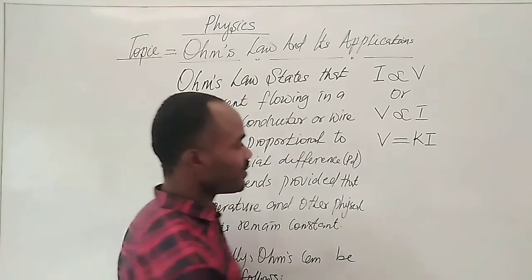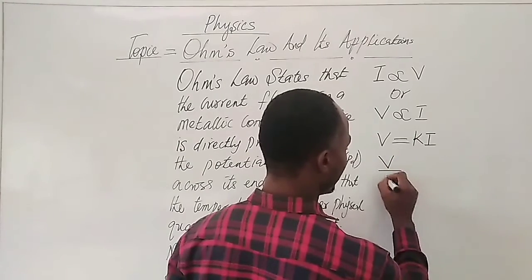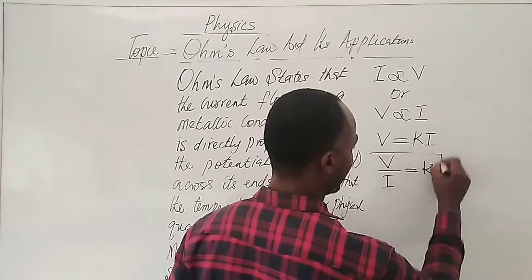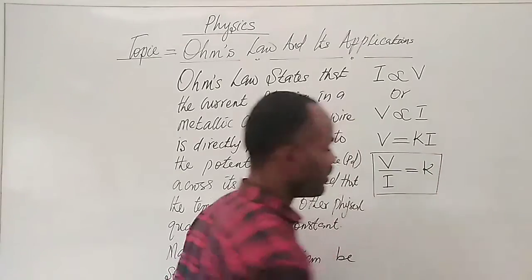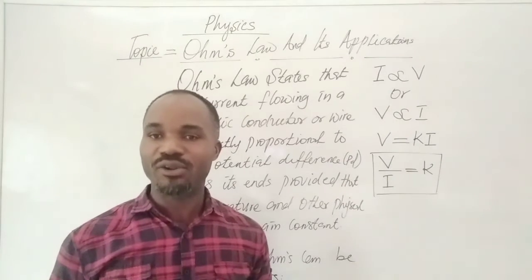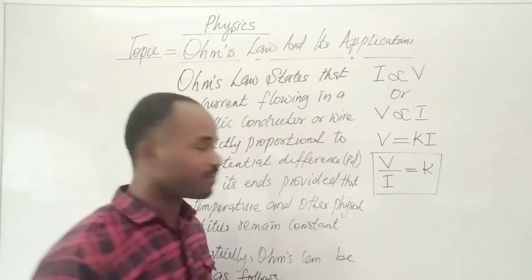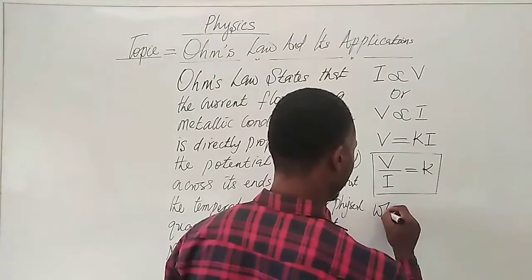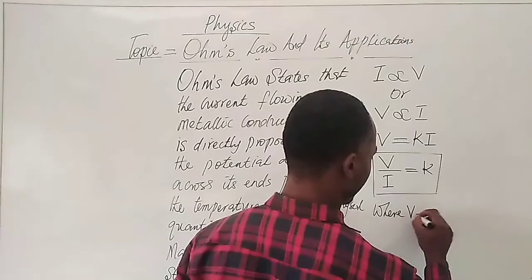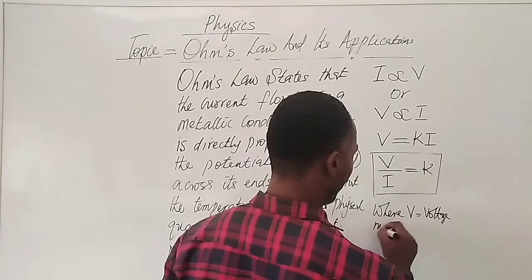So what this means is that the ratio of V to I, the ratio of the voltage to current, is always a constant. That's what it means. Here V is the voltage, measured in volts.